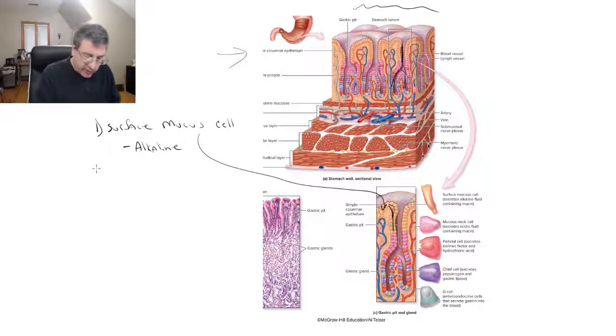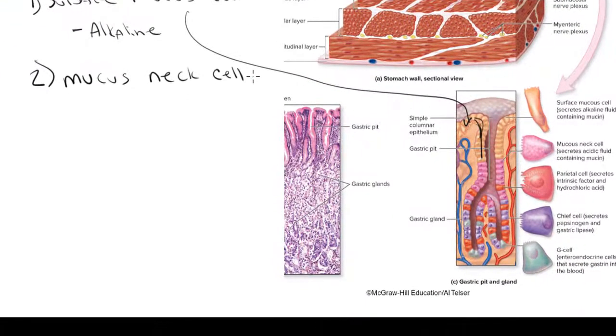The second one is going to be the mucus neck cell. Let me do a different color so we can follow these along. The mucus neck cell is going to be right in this area. The interesting thing with the mucus neck cell is that it's a little bit deeper in the pit than the surface mucus cells, and this one produces not an alkaline, but an acidic secretion.